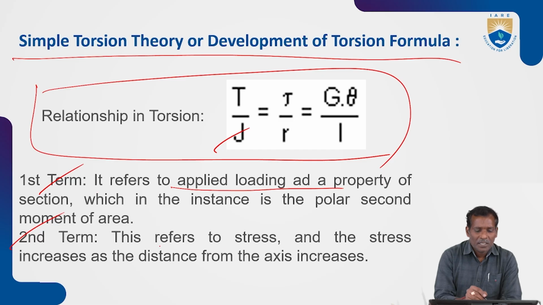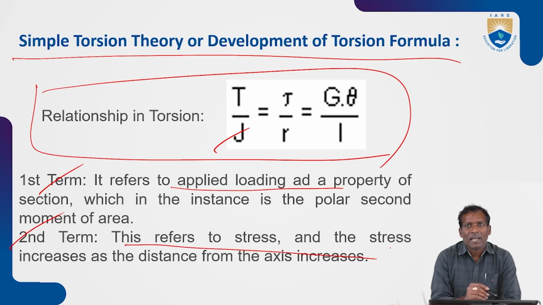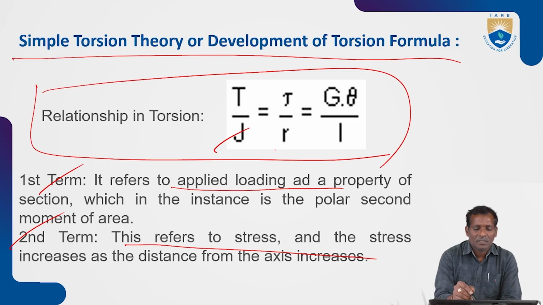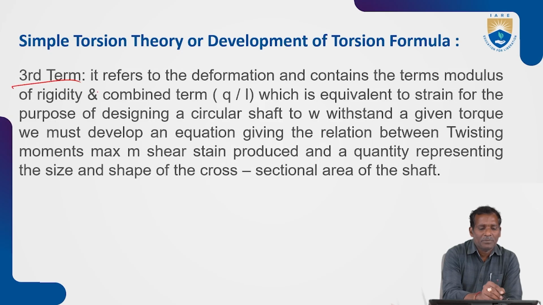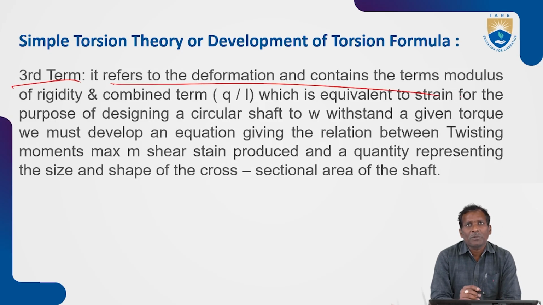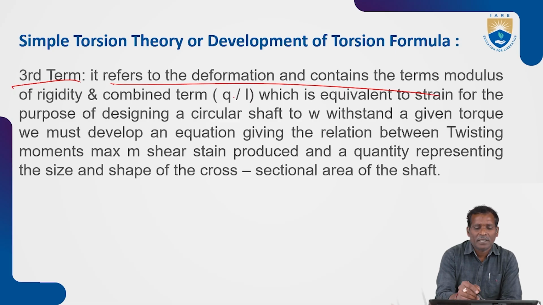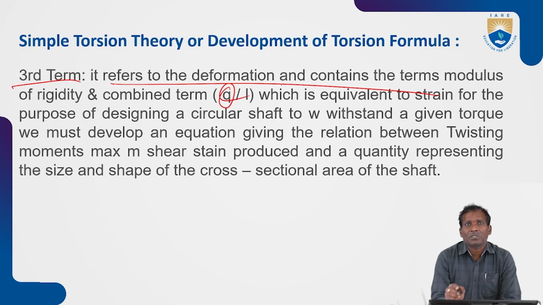The second term refers to stress, and the stress increases as the distance from the axis increases. First term, second term and third term. The modulus of rigidity and angle of twist, theta and L. So the third term refers to the deformation and contains the modulus of rigidity and the combined term theta by L, which is equivalent to strain.